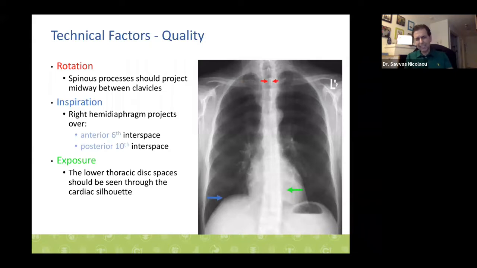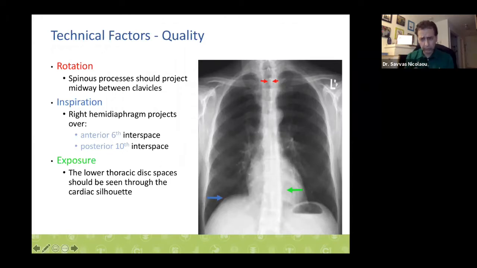Now, technical factors are very important. You want to look at rotation. So the spinous processes should be equidistant from the medial ends of the clavicles. It's extremely important. Inspiration: the right hemidiaphragm should project along the midclavicular line and intersect the anterior 6th interspace and the posterior 10th interspace.